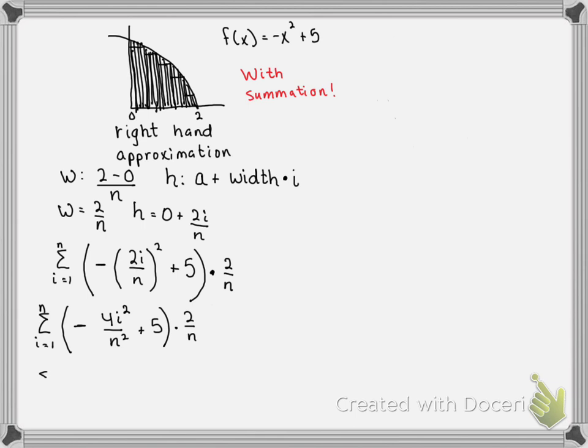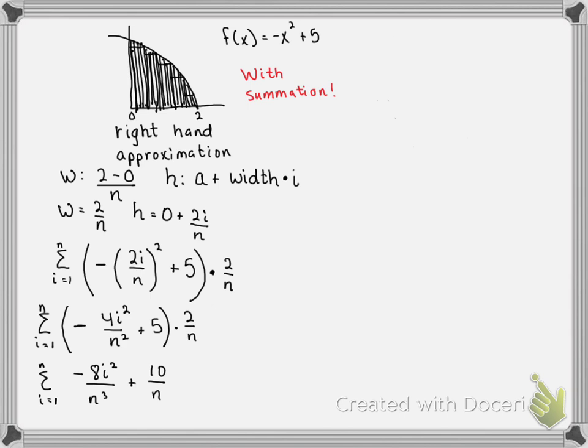Now the next thing we're going to do is distribute. So we will distribute and get negative 8i squared over n cubed. Then we will distribute the 2 over n into the 5 to get 10 over n.